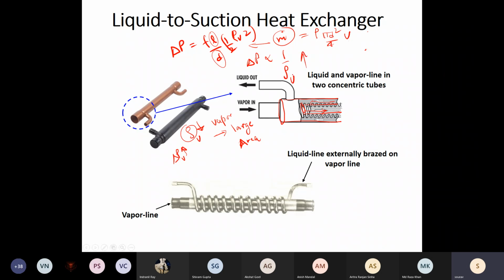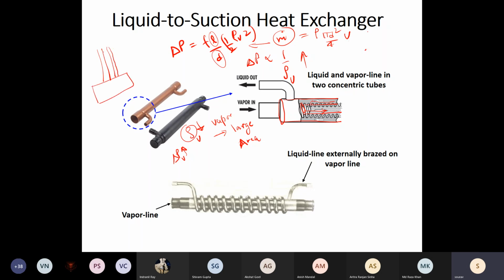That's the only reason why we make the liquid flow through a smaller space, or allow it to flow through a smaller area when compared to vapor. So that is also true in case of your air conditioning unit. You will see there are two pipes which connect your indoor unit. One pipe is slightly thinner, the other pipe is slightly bigger in diameter.